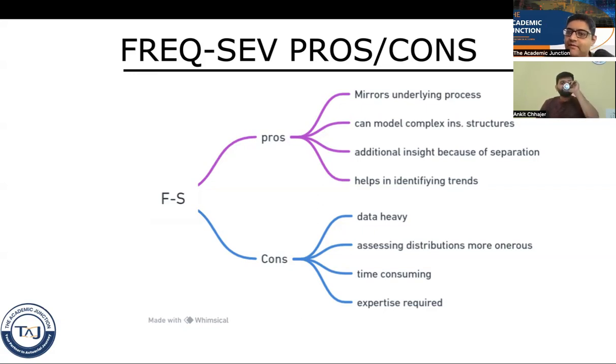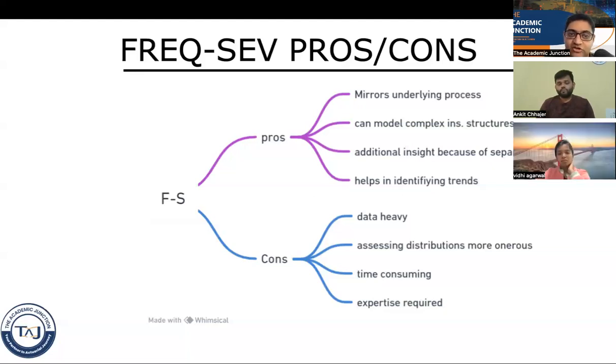So if I am modeling frequency separately and severity separately, it gives me the ability to understand the underlying process of claims. I can separately model them and come to a conclusion as to which is what, right? So is frequency a big matter or is severity a big matter? That's very important in understanding and deploying a viable solution, right?